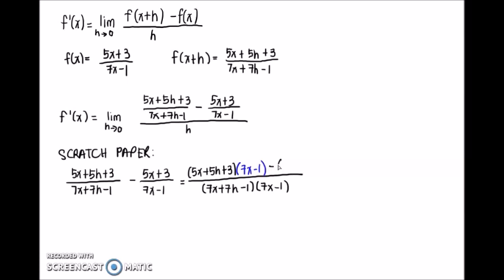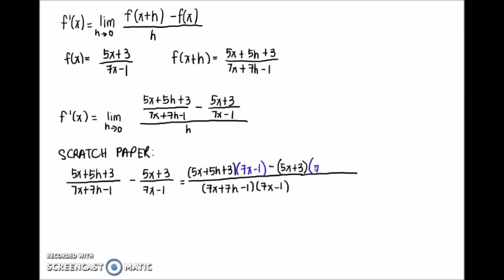So, minus, lagyan natin ng parenthesis, 5x plus 3. And then, as you could see, 5x plus 3, ang denominator lang niya, 7x minus 1. But this time, dapat ito yung denominator. And we multiplied it with this expression here. So, what we'll do is, we multiply that as well on the numerator.